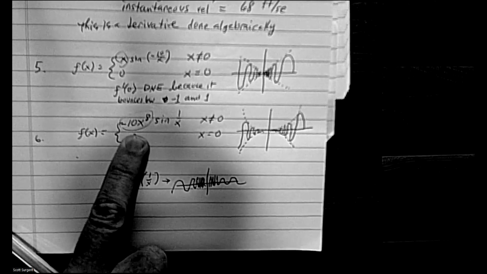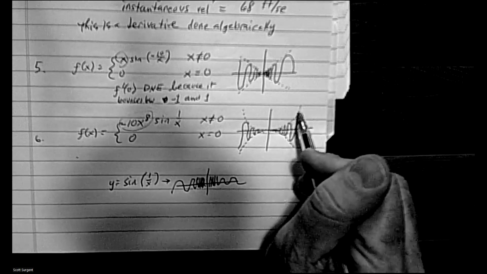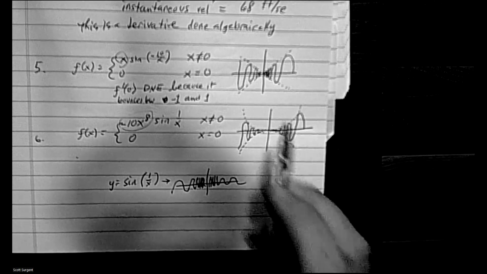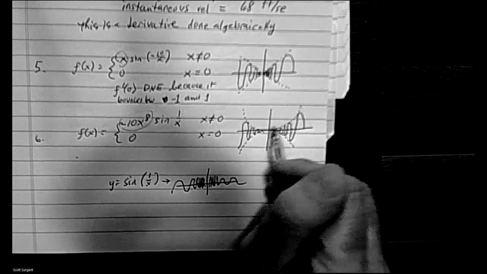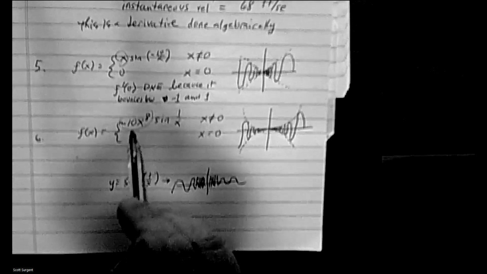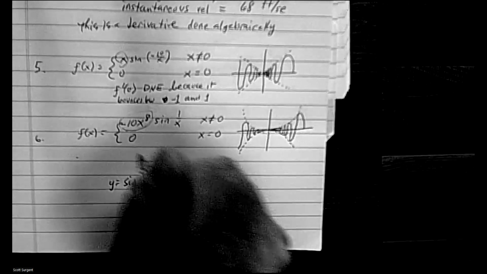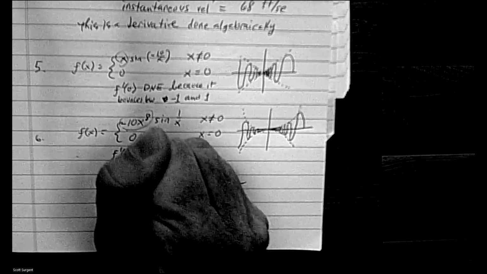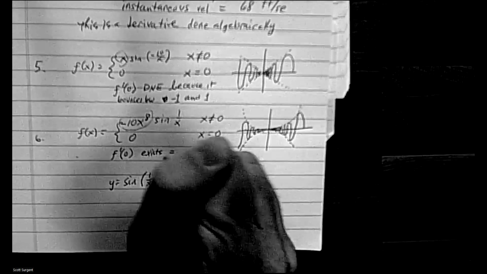Whereas here, if you notice the graph, it actually flattens out. Ignoring the sine wave for a moment, just looking at the dashed line, you can see that the graphs are flattening out. So as x approaches 0, this derivative approaches 0. Here, f prime at 0 does exist, and it equals 0.